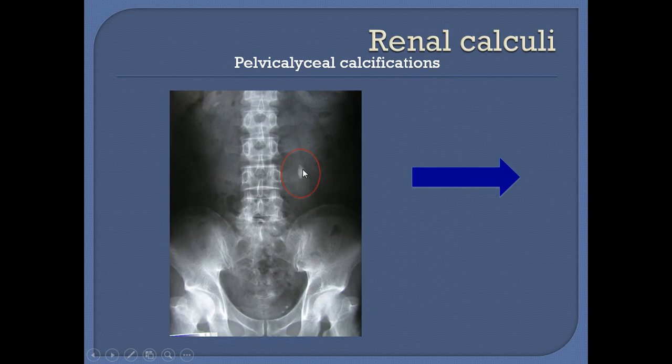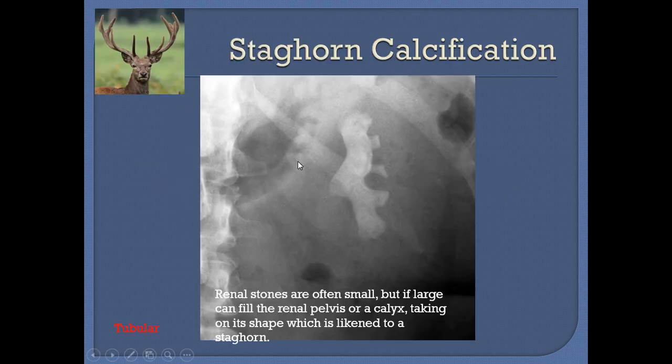Then in the renal area, when we have the X-ray KUB, there is pelvicalyceal system calcification or calculus. Staghorn calculus, you can see the staghorn pattern. You can see the enlarged kidney with a large calculus.